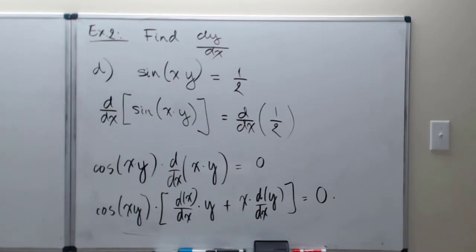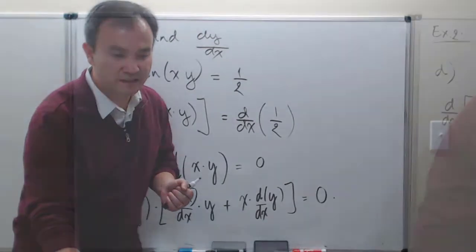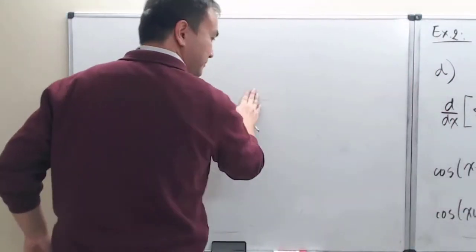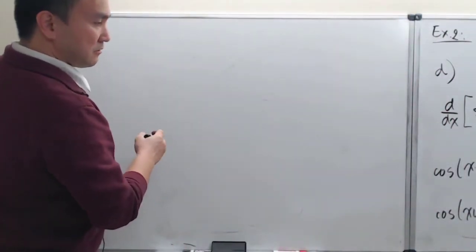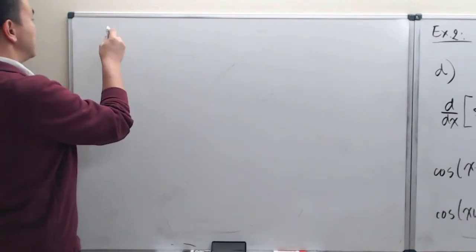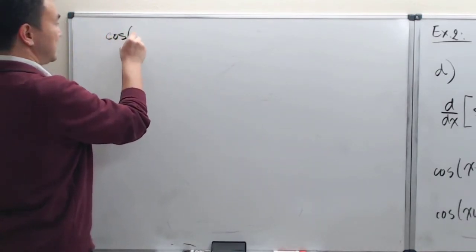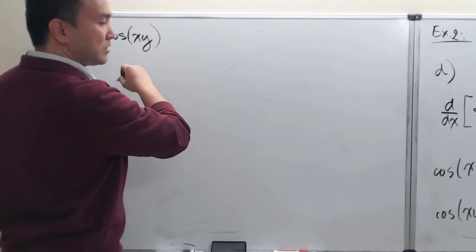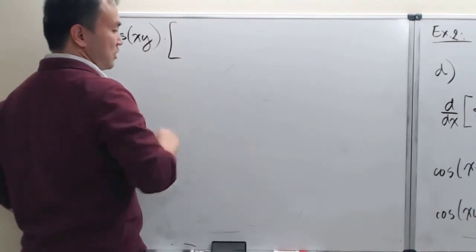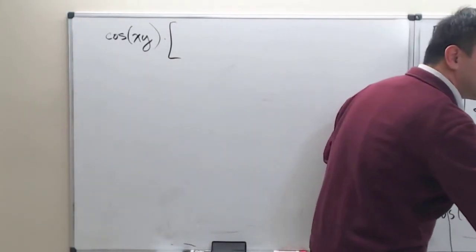So in my next board space, I am now going to have cosine of xy multiplied with, and one more time I'm going to swing back to that earlier board.